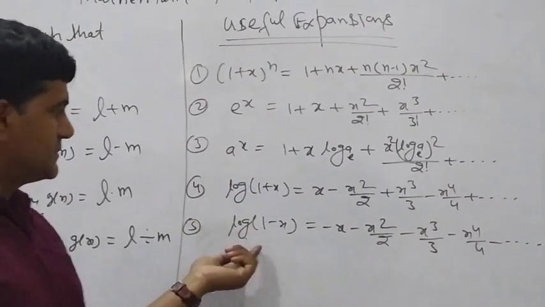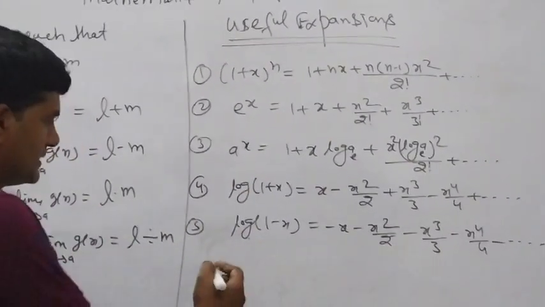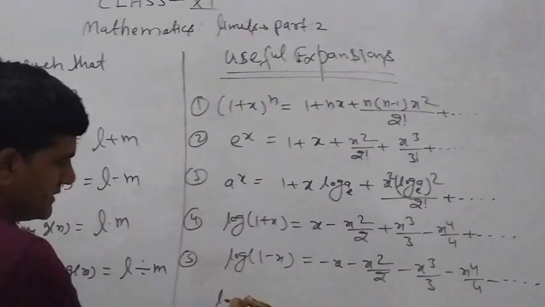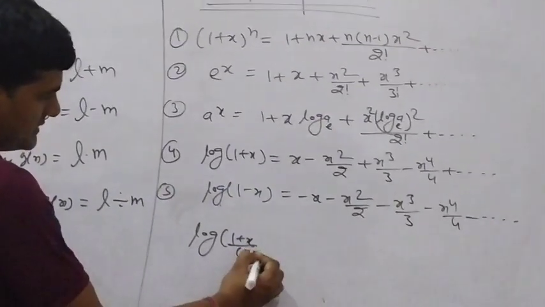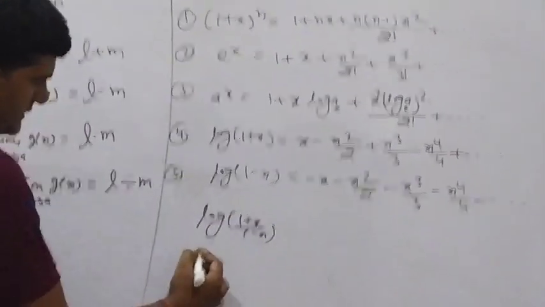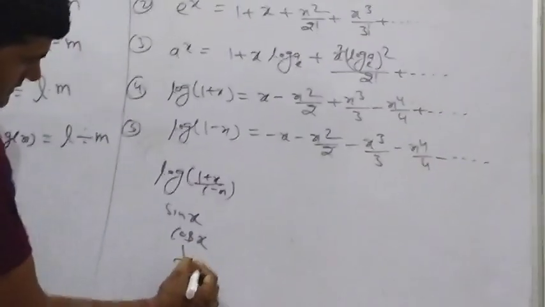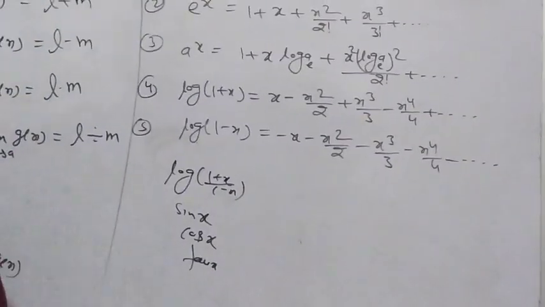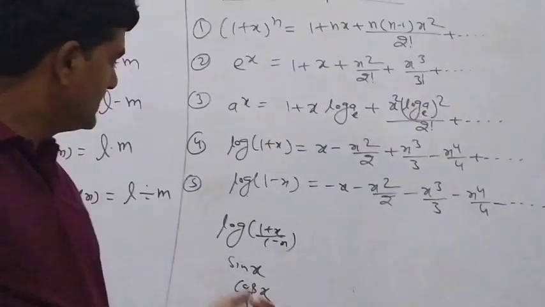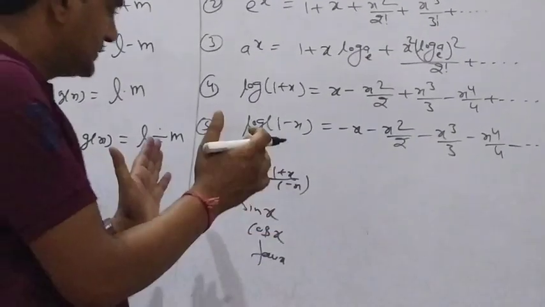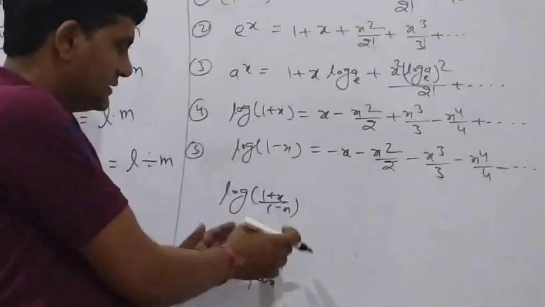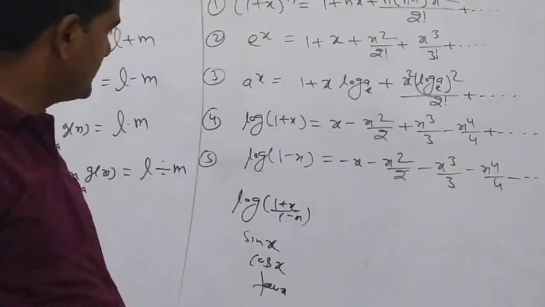Now log(1 plus x) power 1 can also be a formula. There are so many formulas like this, but I am not going to write them here. 1 plus x upon 1 minus x also, and sin x, cos x, tan x in terms of x. In terms of x means these are formulas of trigonometric values in the form of algebraic terms.